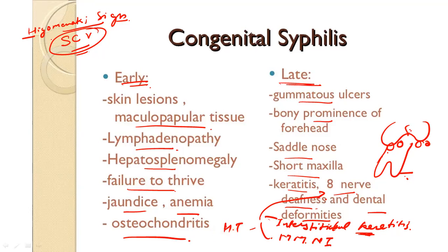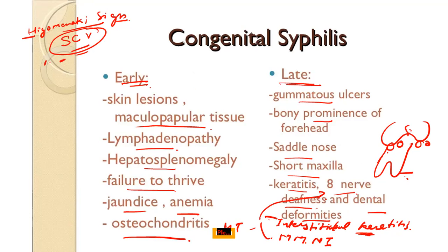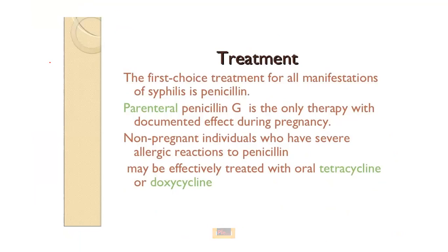And rhagades are also seen at the corner of the nose and corner of the mouth, right? Just remember sternoclavicular joint. Then come to the treatment portion, and one more thing you can see in congenital syphilis, there may be parrot beak appearance, right?